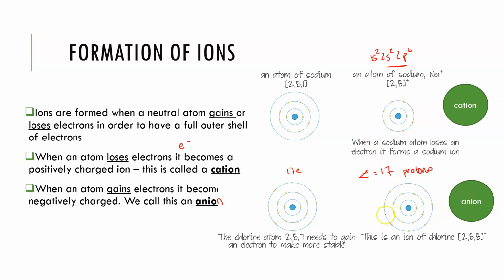If it gains an electron, it's going to have 18 electrons. This means that it has more electrons than protons and will have a negative charge, and we call that an anion.